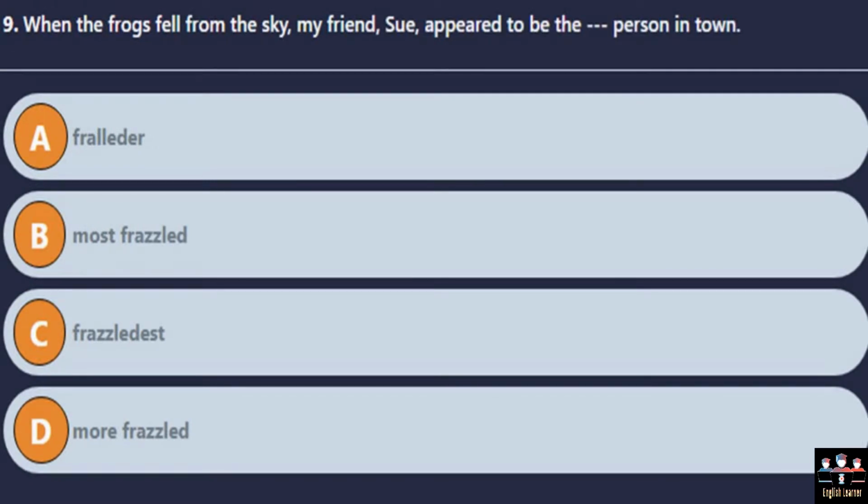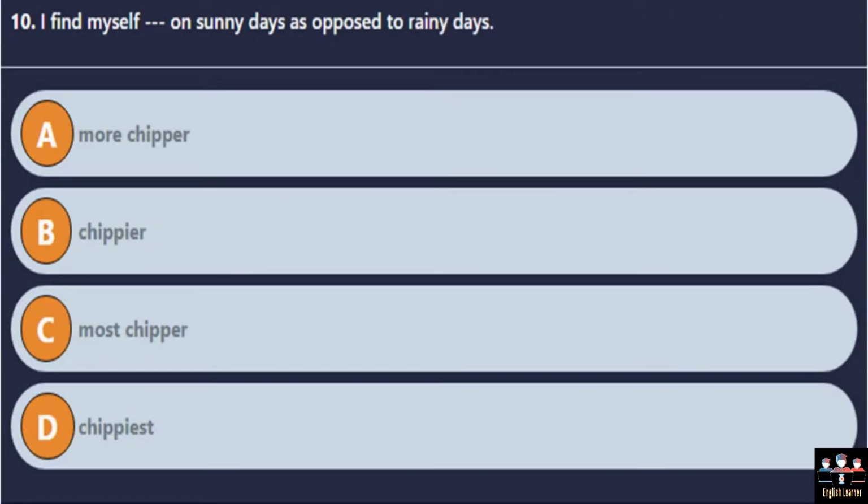When the frogs fell from the sky, my friend Sue appeared to be the dash person in the town. A. Frazzleder. B. Most frazzled. C. Frazzledest. D. More frazzled. 10. I find myself dash on sunny days as opposed to rainy days. A. More chipper. B. Chippier. C. Most chipper. D. Chippiest.